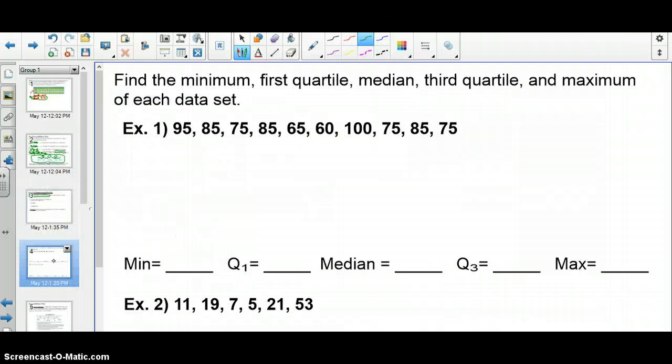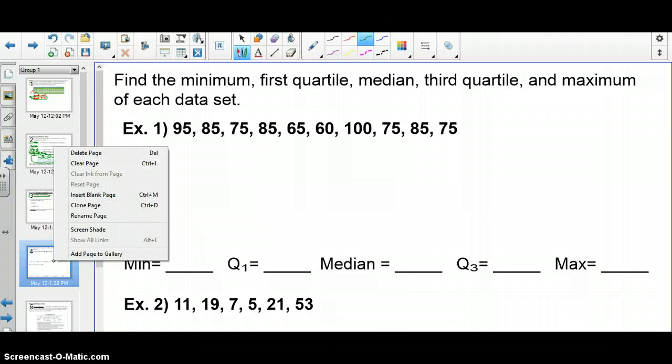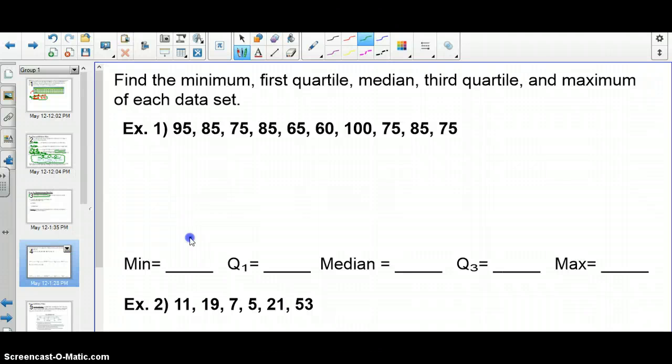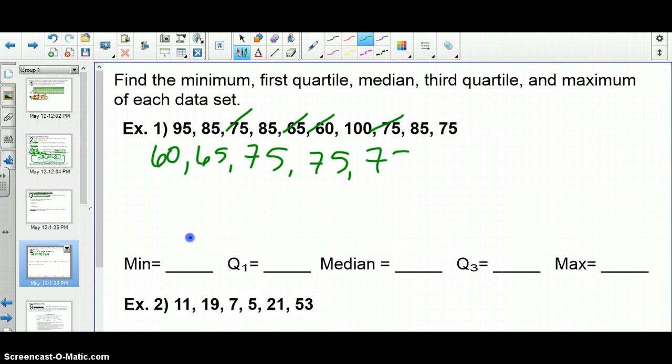Okay, let's try one. So for example 1, I'm going to rearrange my data into smallest to largest. I'll start with looking for my smallest, which is 60, and I'll cross them off just so I don't get confused. Then 65. Then 75, and it looks like I've got 3 of those.